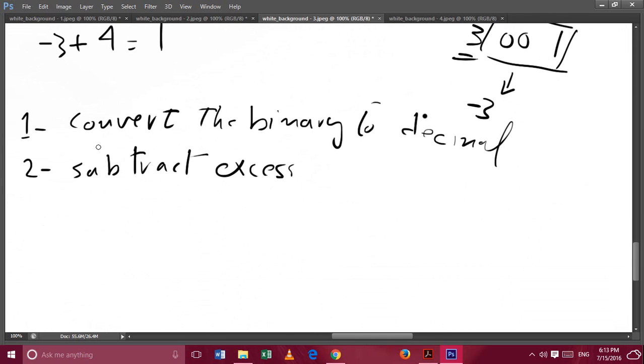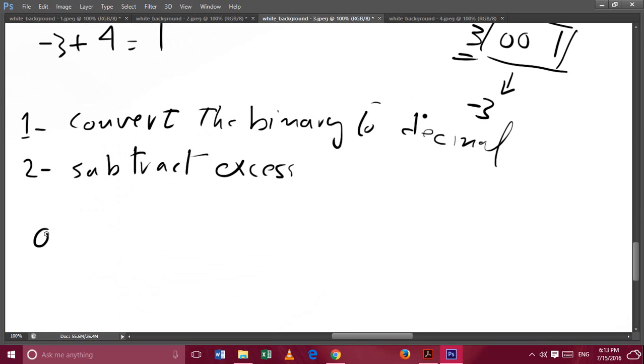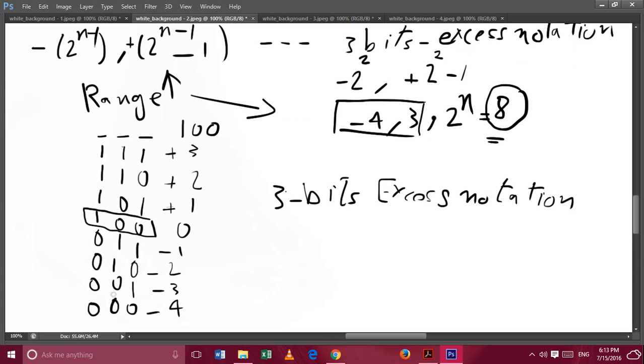Very quickly, let's take minus 3, which is 001, and try to use this algorithm to convert negative 3, which is 001 in excess notation. As you can see here, 001 is minus 3.